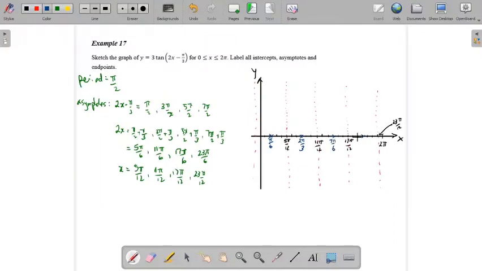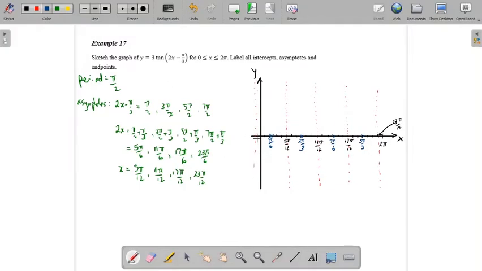And then 18, 19, 20 pi on 12, which is 10 pi on 6, which is 5 pi on 3. Okay, so that's where our intercepts are.